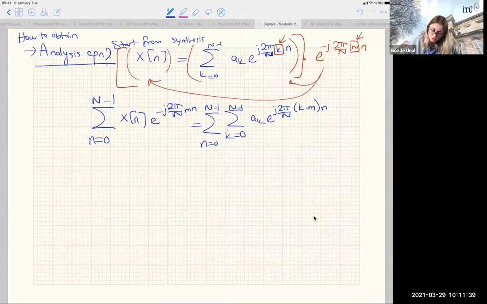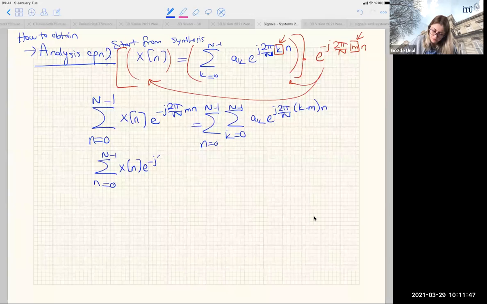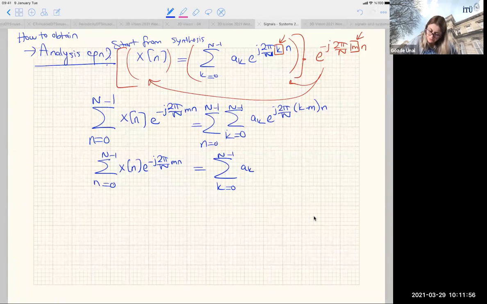On the left-hand side, I have x of n e to the minus j 2 pi over N m n. On the right, the a k sum goes out, and I can exchange the order.